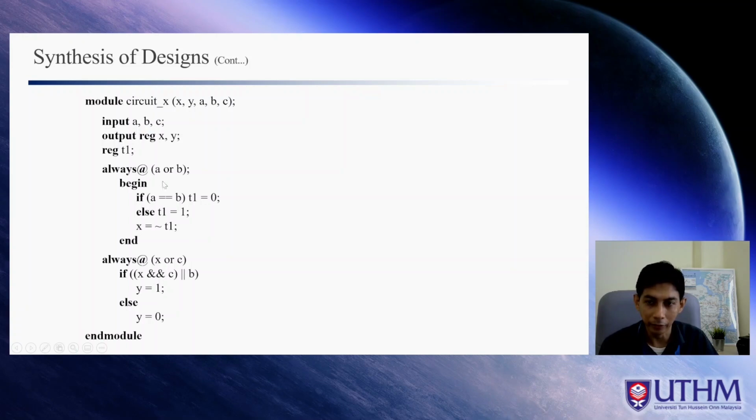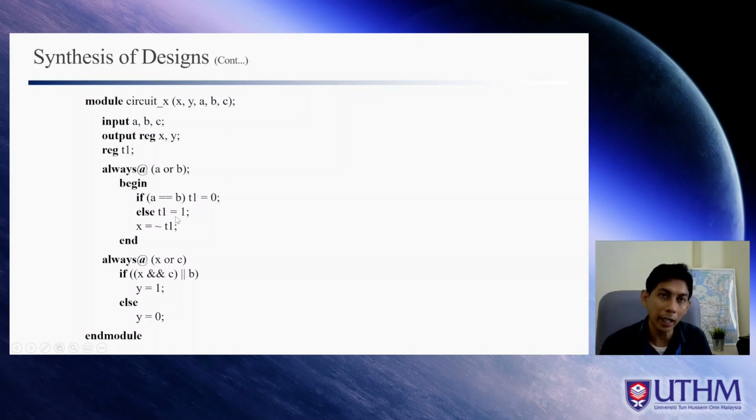When we look at this, we have two always blocks here. Look at the first one. We have if A equal to B. This is the statement that follows the if else. So if A equal to B, T1 equal to 0, else T1 equal to 1.